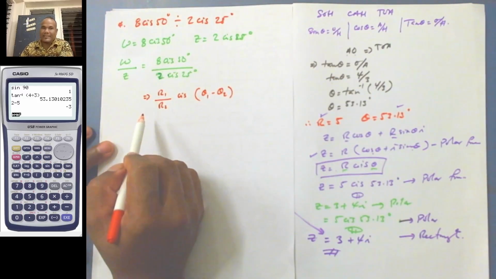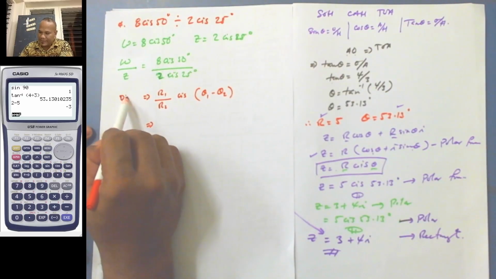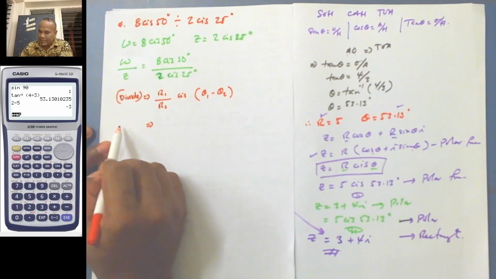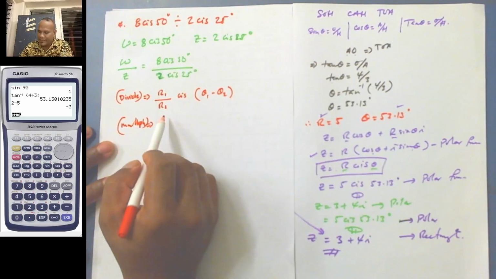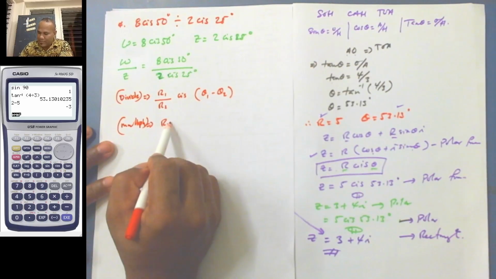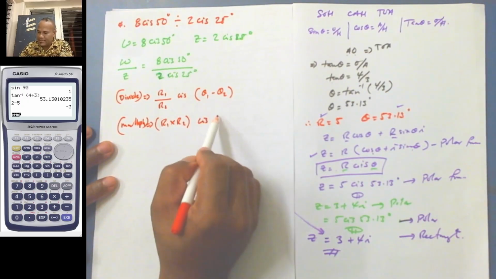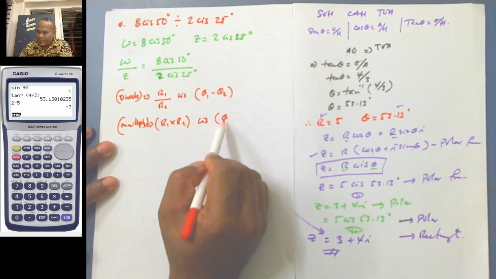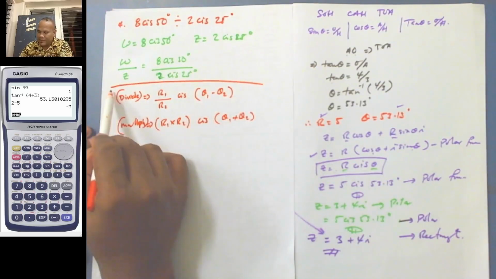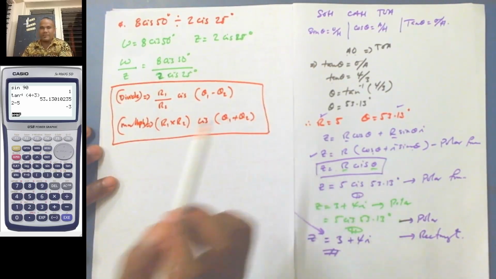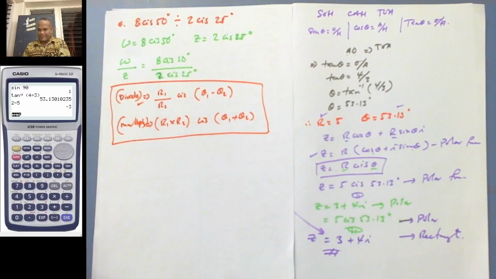If we multiply two polar forms, it's a similar concept: R1 times R2 cis, and since we multiply, we add the thetas. This is the concept that we need to use here. Since it's dividing, we'll use the first one.